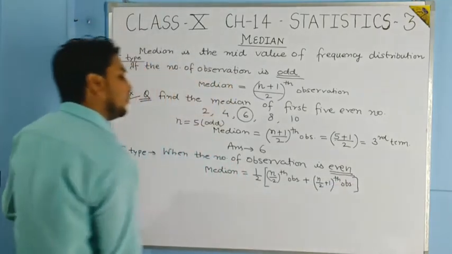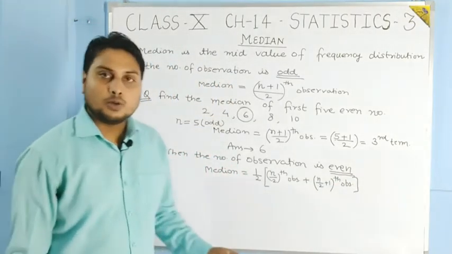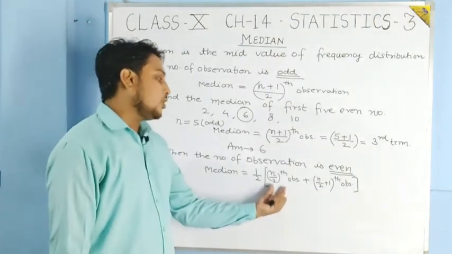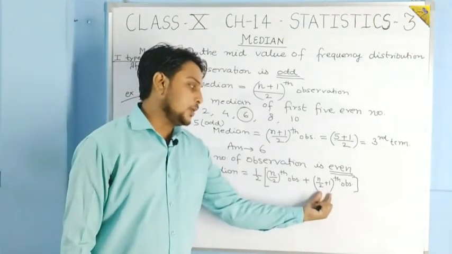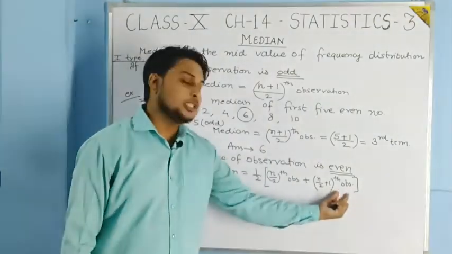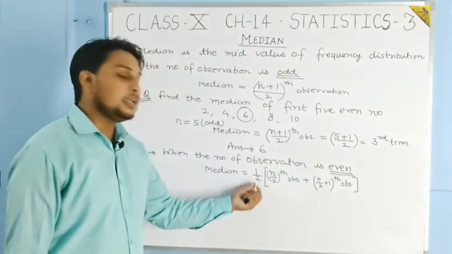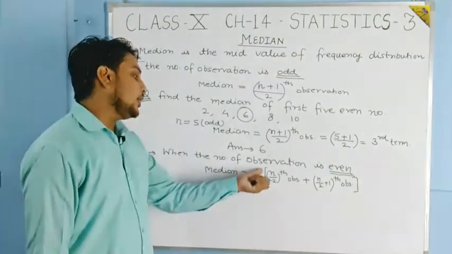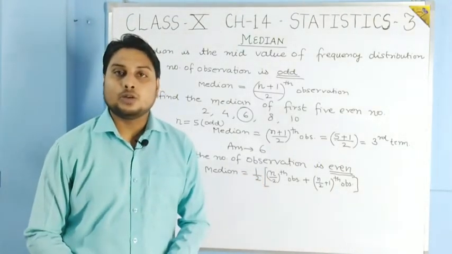Students, don't be confused about the formula. It is the average of n by 2th observation plus n by 2 plus 1th observation. Means firstly we have to add these two observations, and then we will divide it by 2, or you can say multiply it by 1 upon 2.